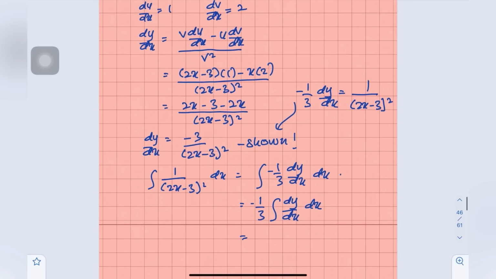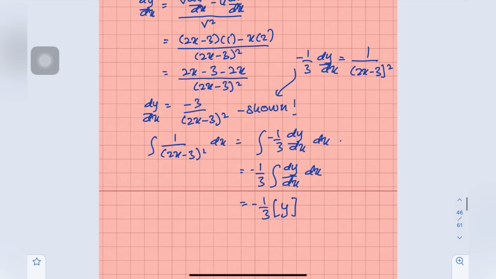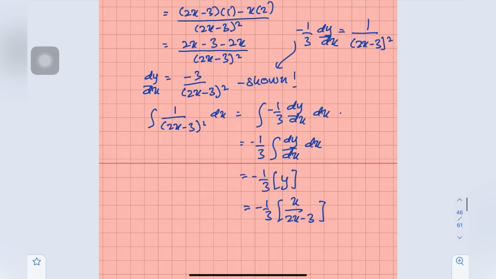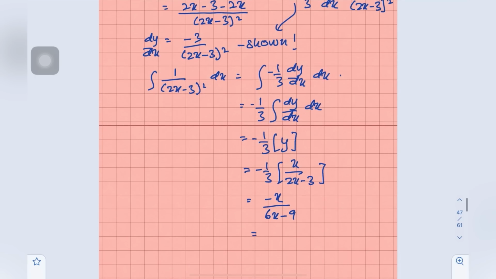So integrating this gives negative 1 over 3 y. But y is x over 2x minus 3. So then in the answer we expand, and we get negative x over 6x minus 9. Or if you don't like the negative, we multiply by negative 1. So x over 9 minus 6x.